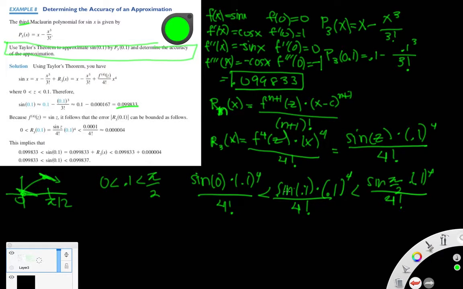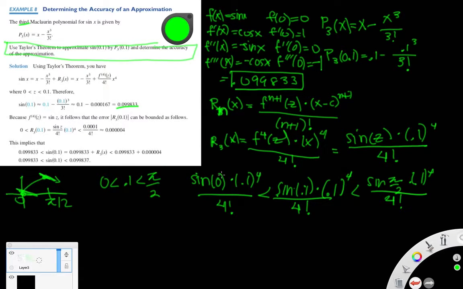And we replace z with 0.1 because we also know from this graph that if we're looking between 0 and 0.1, this is always going to be increasing. So that means that the value for z that would maximize sine of z would be 0.1 itself. So we're going to use 0.1 as the maximizing z value. So I just plugged in 0.1 in there.